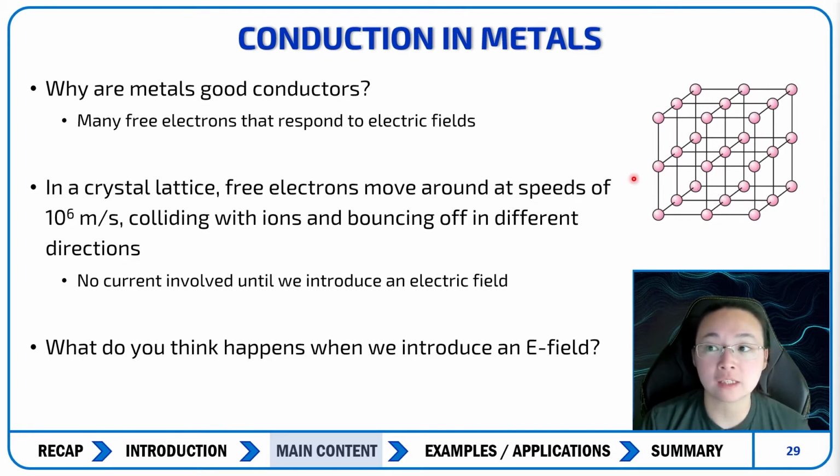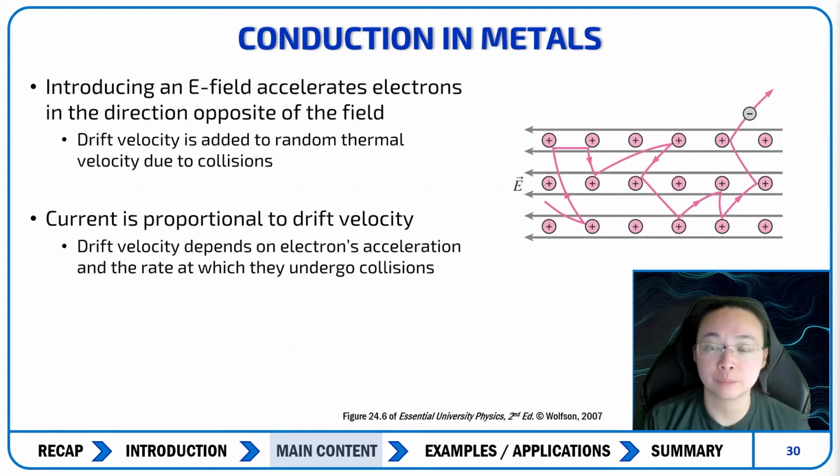So in a crystal lattice structure like this, free electrons are going to move around at speeds of 10 to the 6 meters per second, and they're going to collide with surrounding ions and bounce off in different directions for random motion. So that's how it acts naturally. There is no current involved because it's just random motion, but when we do introduce an electric field, then there will be current involved, and therefore we have to take a look at its conduction.